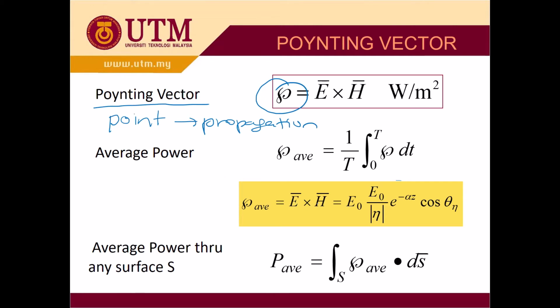Right, so the average power is obtained when we solve the integration of 1 over T of the Poynting vector dt.